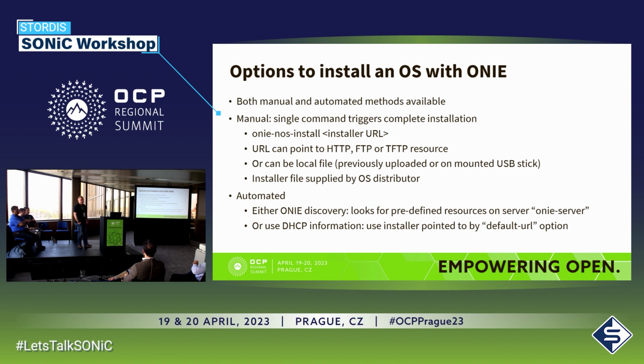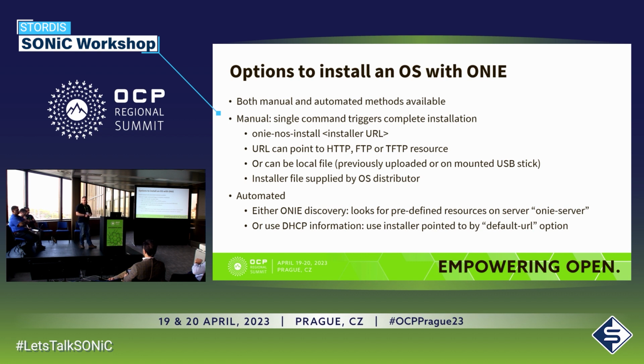There are also automated ways to install the operating system that will be used for large-scale deployment. There's an ONIE discovery that is started automatically if you boot up the switch. It will look for a host called onie-server. If it finds one, then it will try several options to download some default-named images.